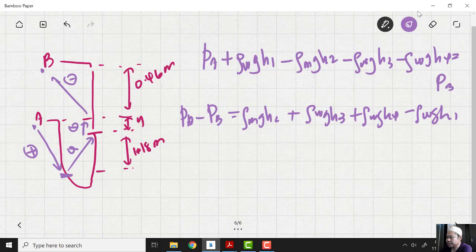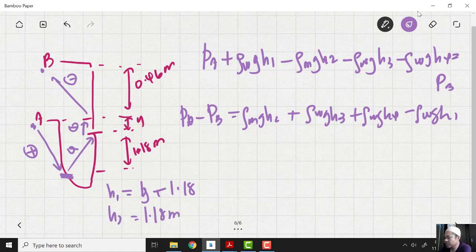Okay, what is h1? h1 here is the elevation from point 1 to the water, the manometric level here. So what is the elevation? y plus 1.18, so h1 is y plus 1.18 meter. What is h2? h2 here is 1.18 meter.